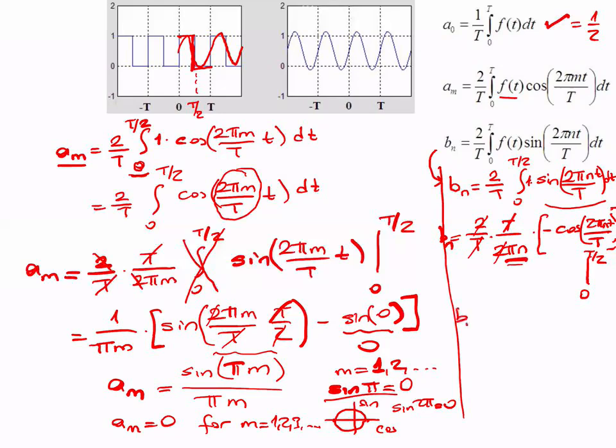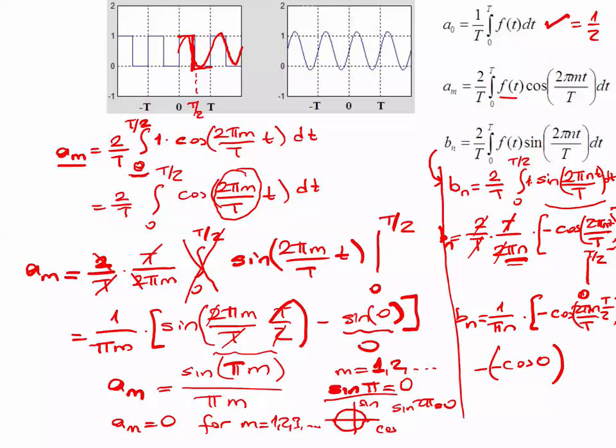So I'm going to write B_n is equal to 1 over pi n times minus cosine 2 pi n (T over 2) divided by T, minus minus cosine 0. Why 0? Because this 0 goes here and it becomes cosine 0.